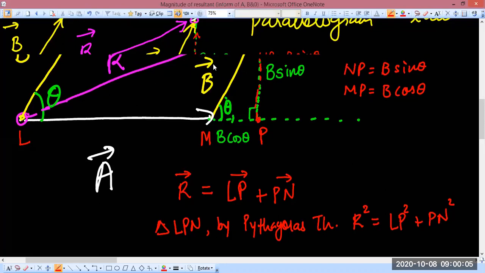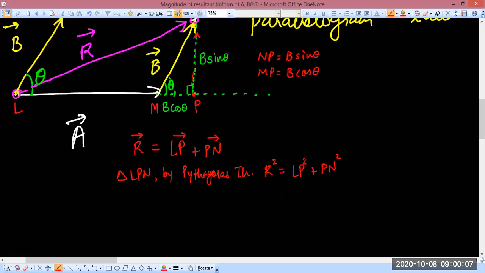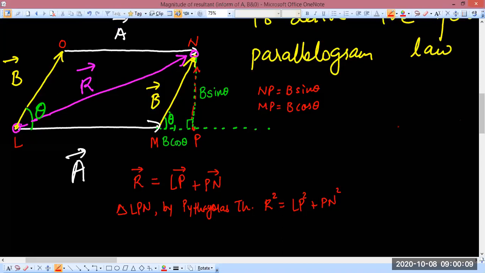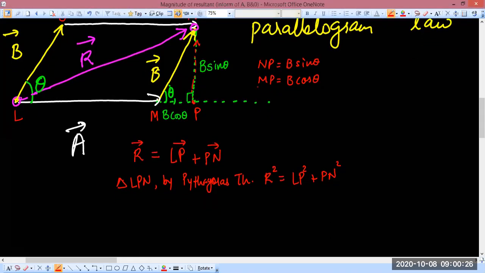Only then we'll go ahead. I zoomed out so that you can see everything. Now what we have to do is just put in the values. So do you agree that LP is equal to LM plus MP? Everyone knows this. Fine.